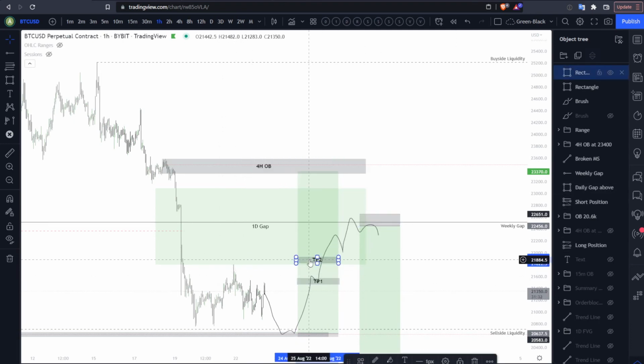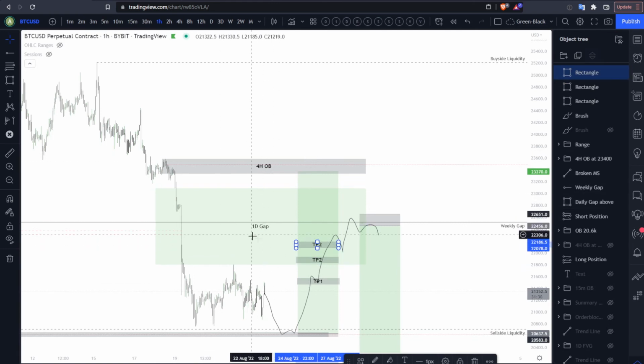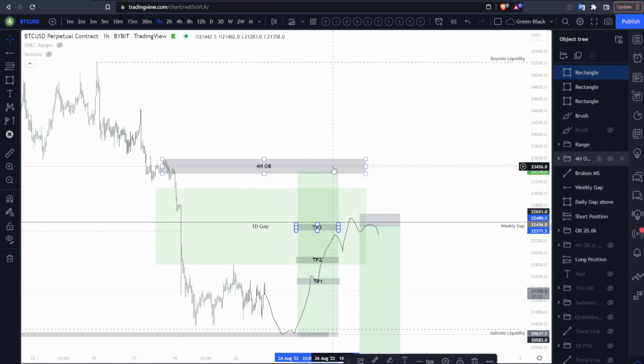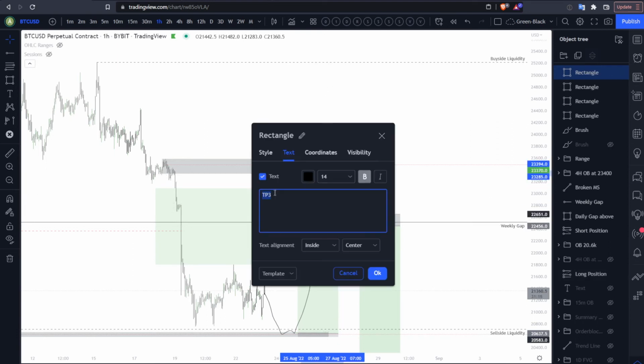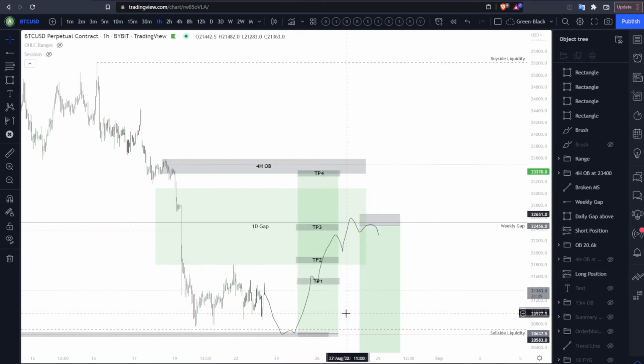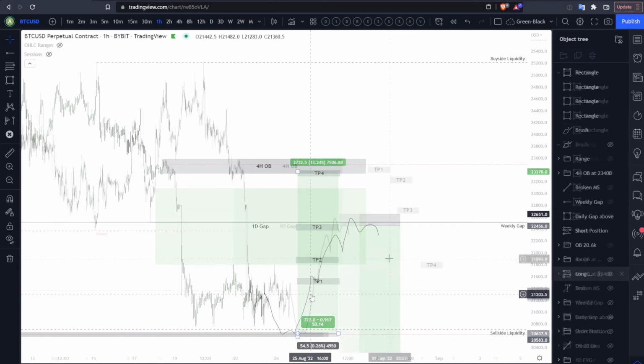The next one will be definitely at a daily gap. And if we are continuing to run, then this will be the fourth take profit level. But practically once we are leaving the range, moving higher, I will move my stop loss higher somewhere here.